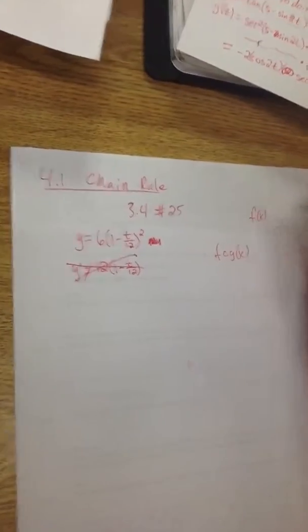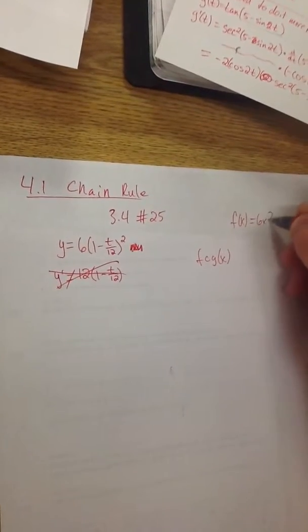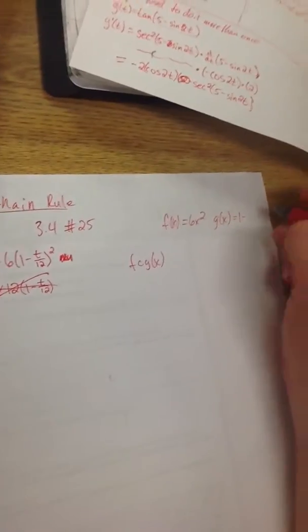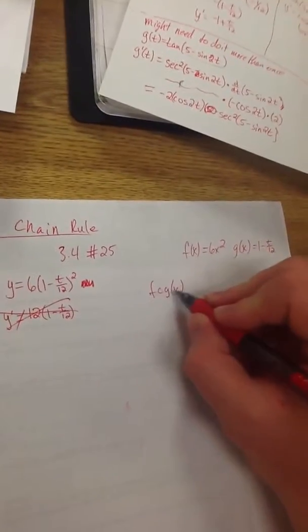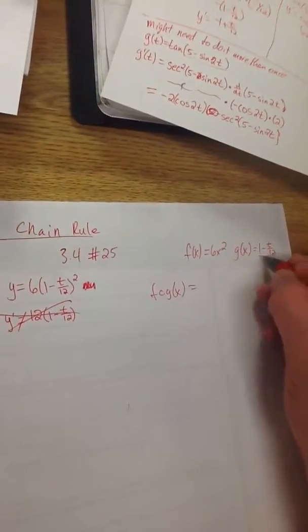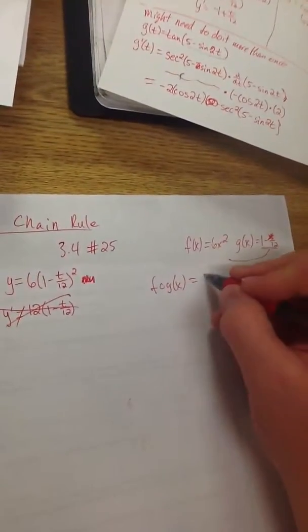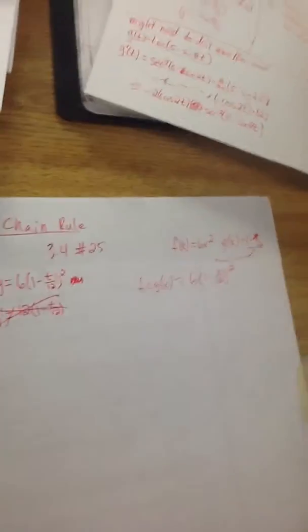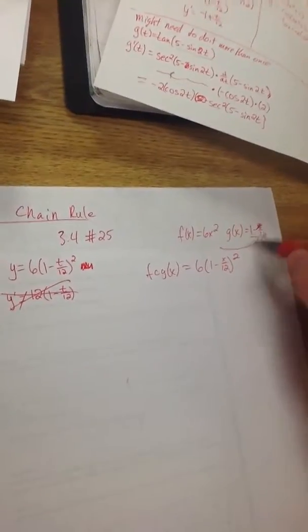If f of x was, say, 6x squared, and g of x was 1 minus t over 12, then f of g of x, take g, plug it in there, so it would be 6 times (1 minus x over 12) squared. That's a composite function. You can split it into 2, and if you take one and plug it into the other, that's what you get.